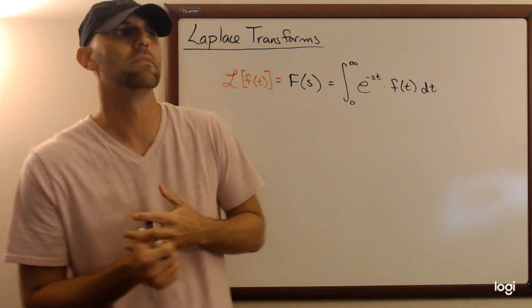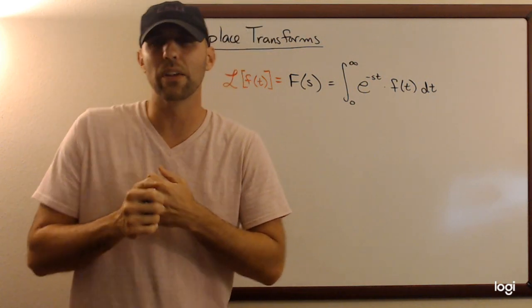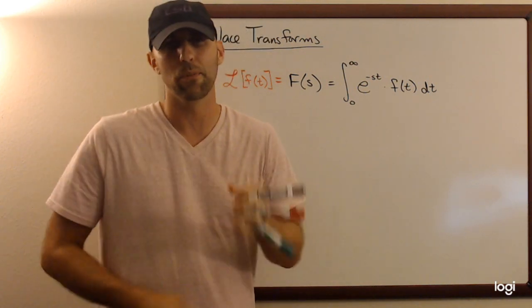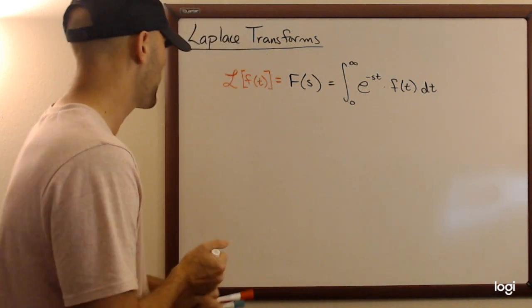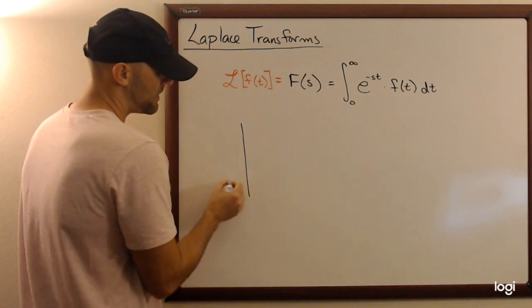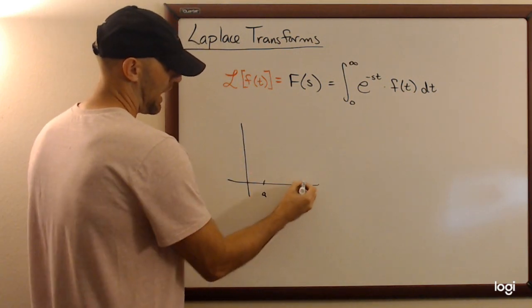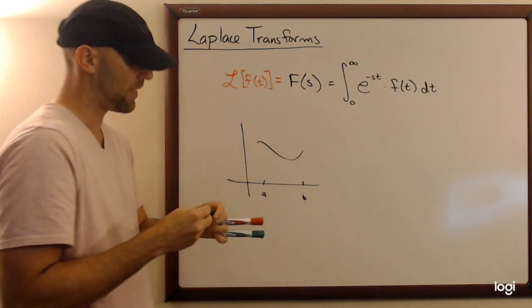Now, there's a reason that we say defined on the interval as opposed to continuous on the interval, because I don't mean continuous. As a quick example, we know in integrals, the geometric representation of a definite integral. Let's say I have a and b, and here's my curve.